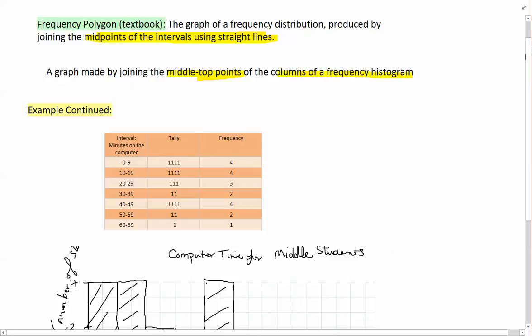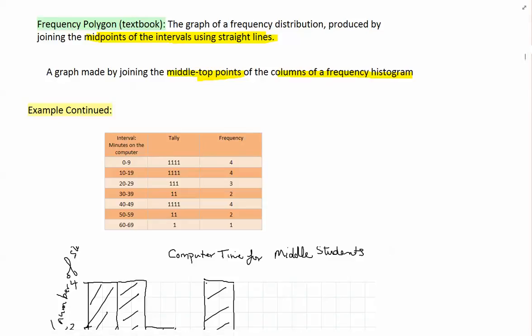It's not uncommon to have a frequency polygon attached over top of a histogram, but that's not always the case. The point that we're connecting is the middle of the interval.